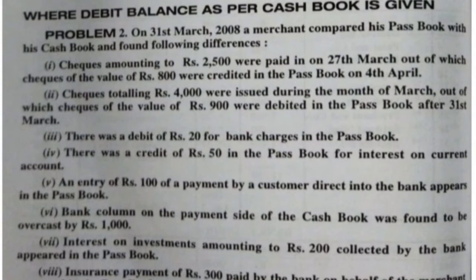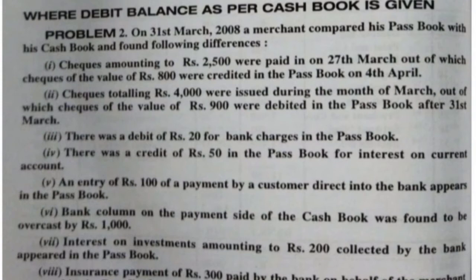Means the banker is deducting the amount from the passbook. So the passbook is showing the reduced balance. Therefore, we need to deduct rupees 20 from the debit balance as per cash book. Am I clear with this entry?